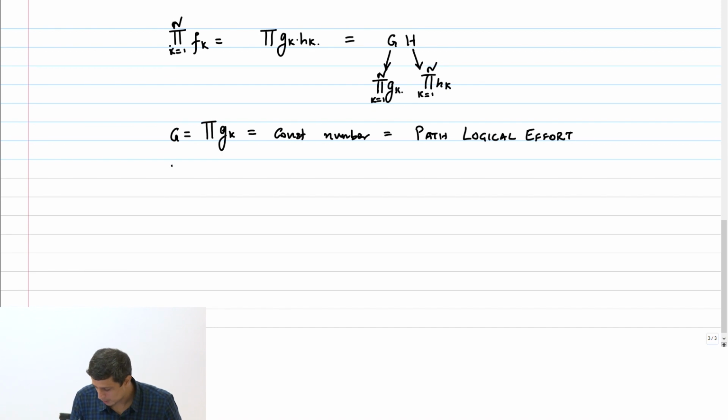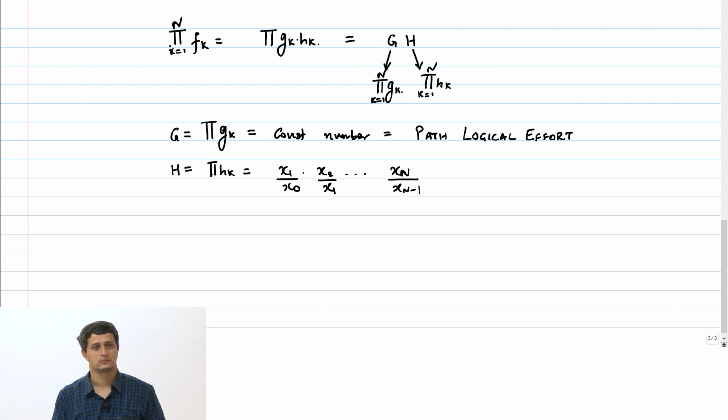What about this capital H, which is the product of hk? It's nothing but x1 by x0 into x2 by x1 all the way to xn by xn minus 1. So this is the other advantage of choosing our variables as the capacitance.